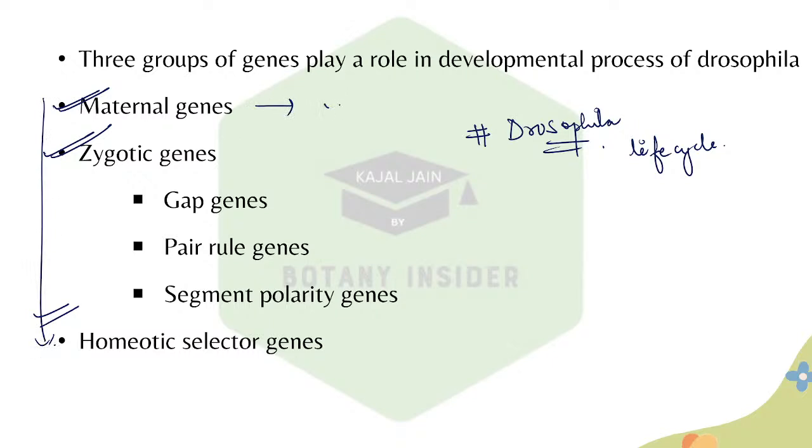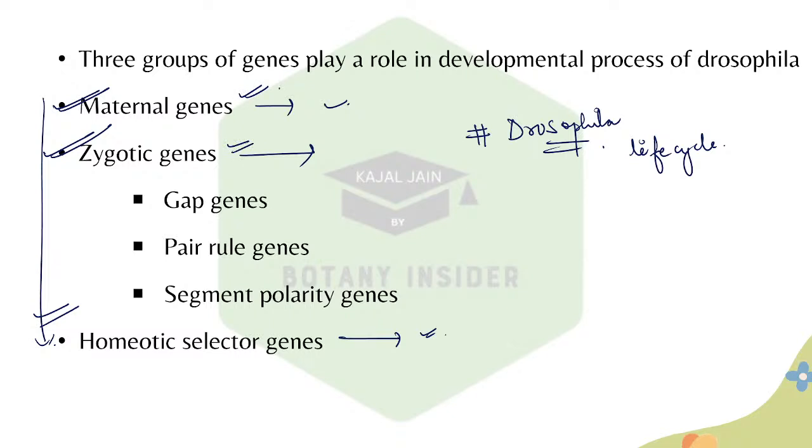Initially the maternal genes work, then the zygotic genes, and then the homeotic selector genes. The maternal genes help with the very first work, the initial pathway initiation. Then you have the zygotic genes, then the homeotic selector genes.